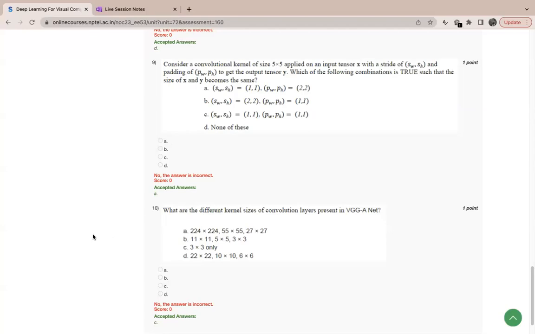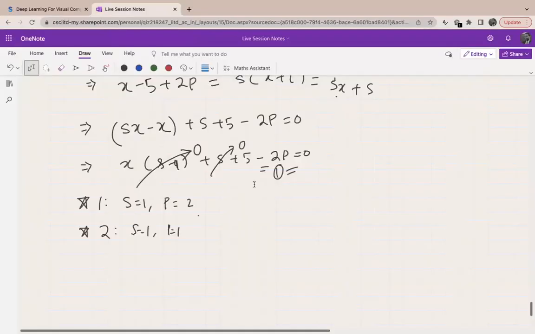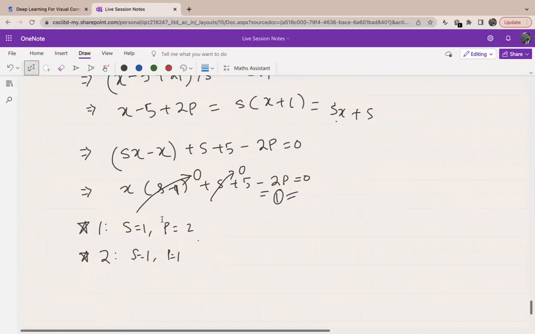Let me check because they have said that this is the answer. So this will be 0, this will be 1, this will be 5 minus 2 into 1, which is 5 minus 4 equals 1.